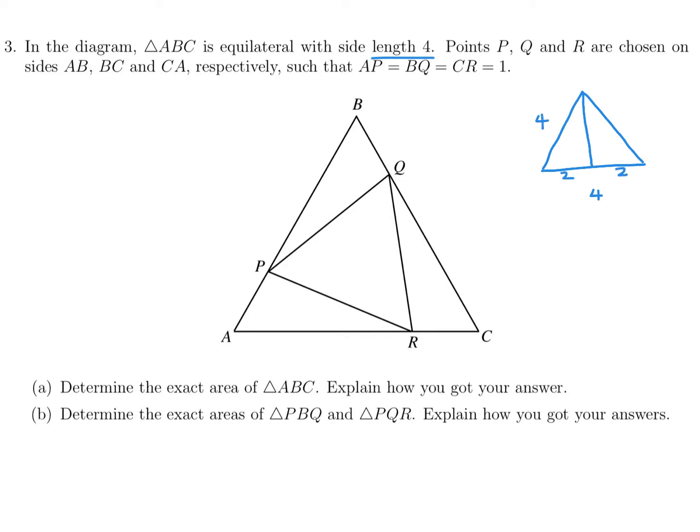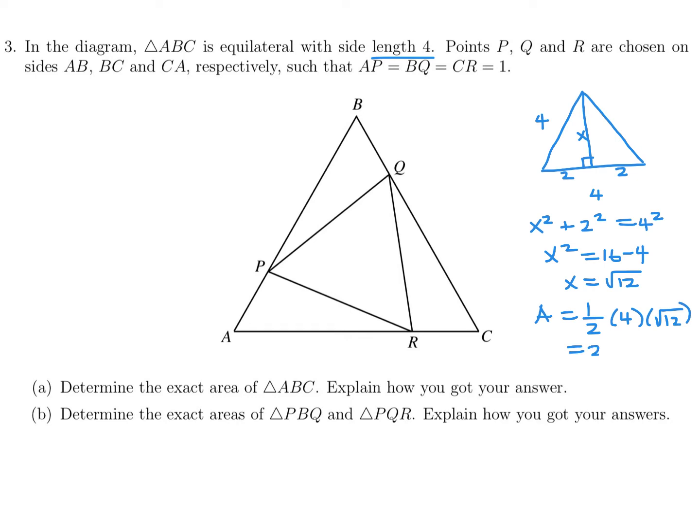This side length is 4, so we can call that perpendicular x and then use the Pythagorean theorem to figure out x. x squared plus 2 squared is 4 squared, so x squared would be 16 minus 4, so x is going to be root 12. So the area is 1/2 base times height. The base is 4, the height is root 12, so that's 2 root 12, and root 12 is what? 2 root 3, so that's going to be 4 root 3.